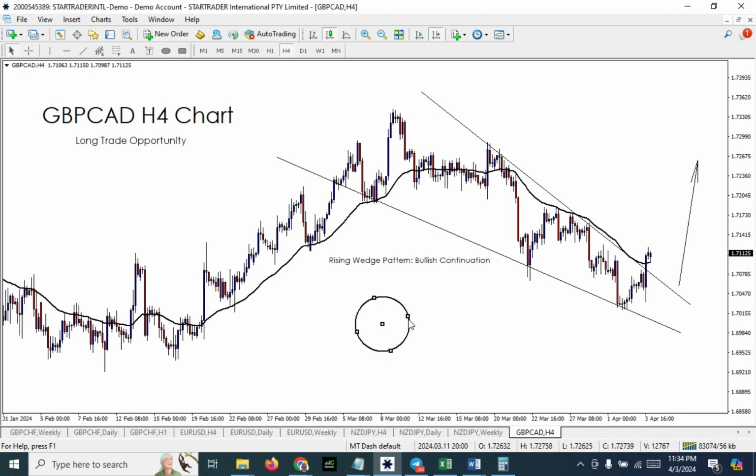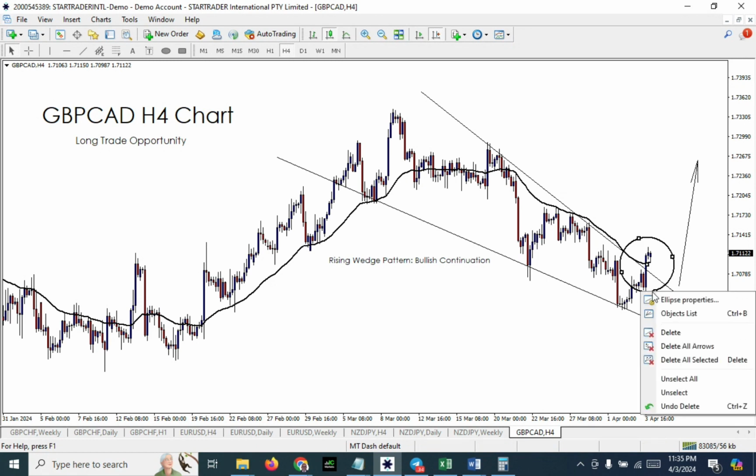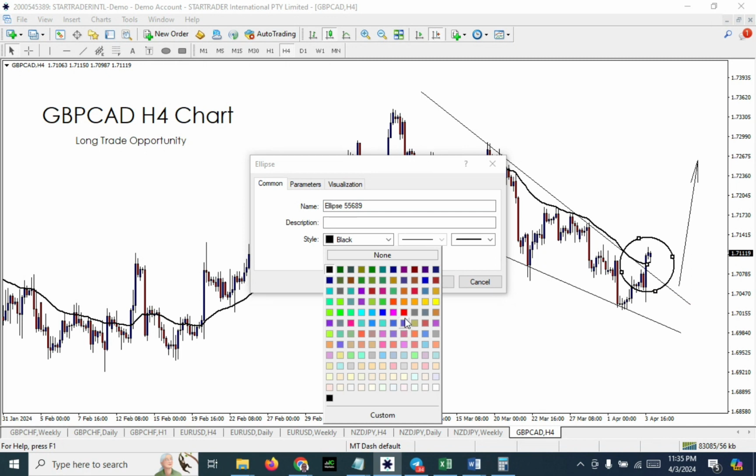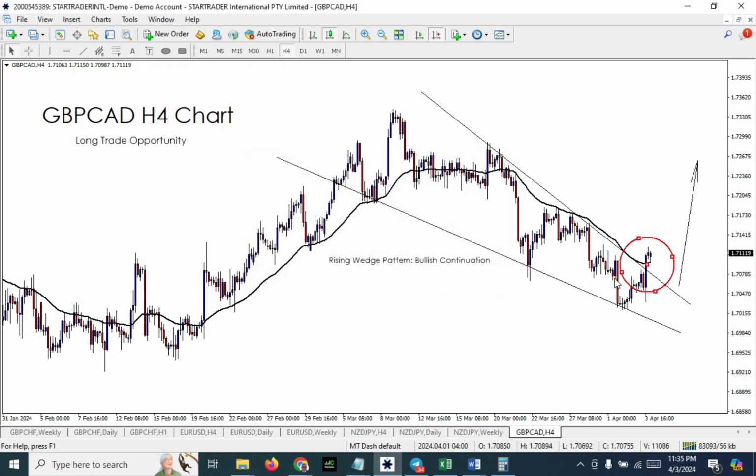My area of concentration is here. I want to monitor what price is going to do here. I could make this red, just to bring it out a lot brighter. So my focus is here. This is the pattern. This is my directional bias.